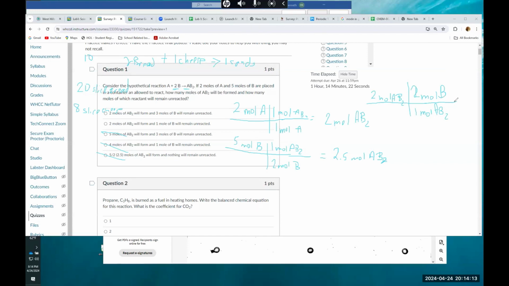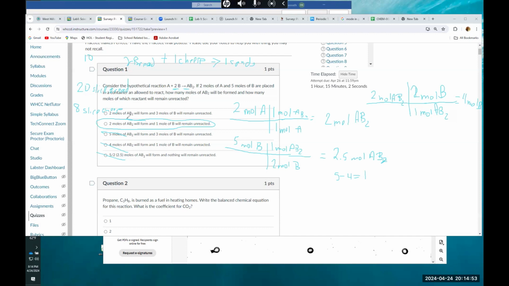So we end up with 4 moles of B that we're going to need. How many do we have? 5. So we go 5 minus 4. That's 1 unreacted. So we're going to have 1 that's going to be unreactive. You may want to write that down.